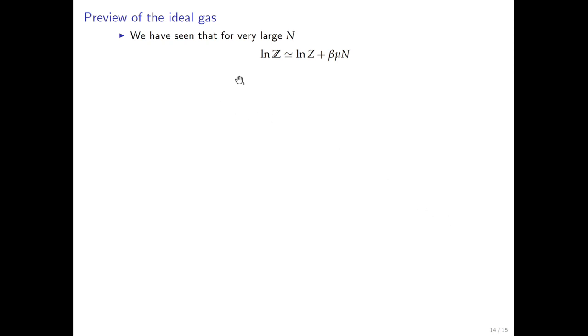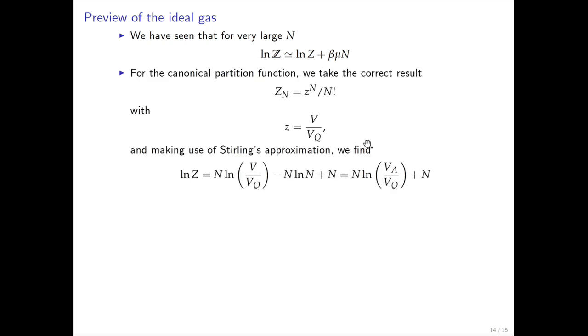Now, if you recall, we looked at the situation for a very large number of particles, and we found that the logarithm of the grand sum could be approximated as the logarithm of the canonical partition function plus beta mu times N, just a couple of slides ago. So now let's take for the canonical partition function the correct result.